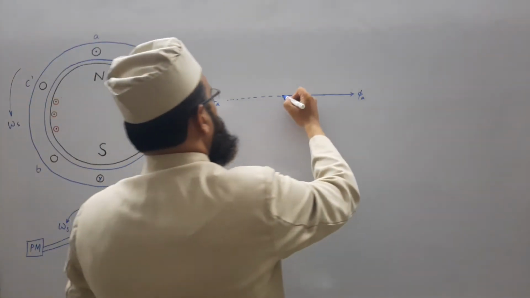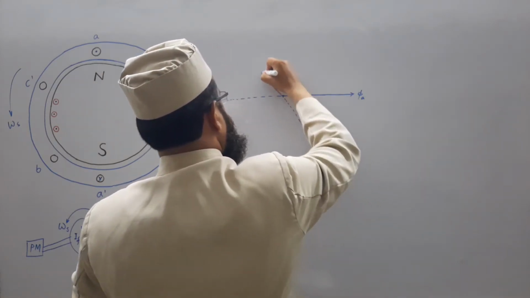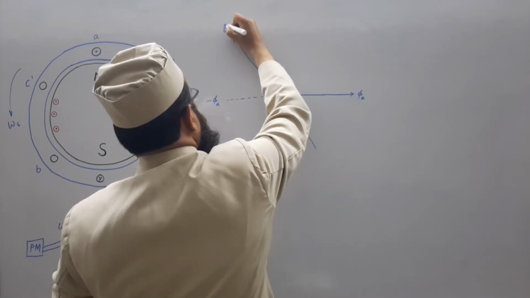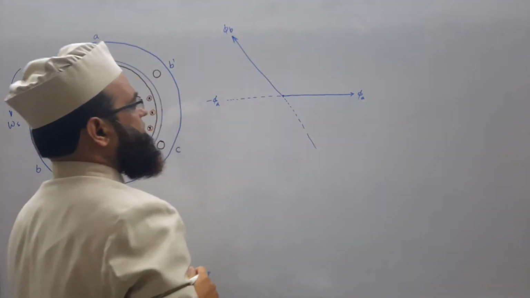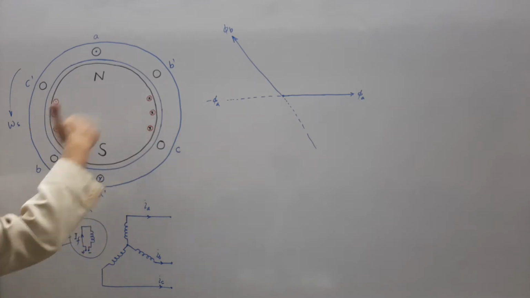So we will mark this is positive. Let us mark by solid lines phi B, direction of flux in B phase, right? Axis. What about C? So C dash, one dot will be there, so C will be downward, right?